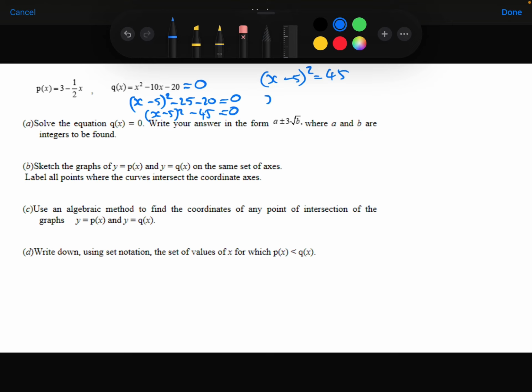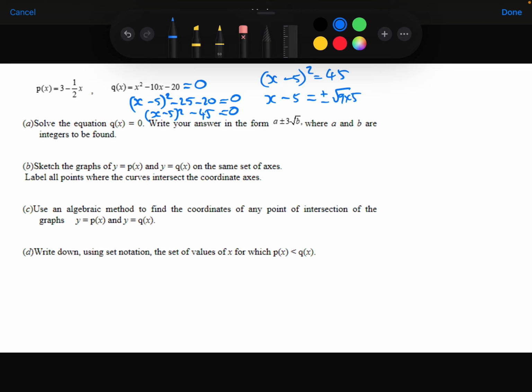I'm going to square root both sides. The square root of 45 is the same thing as, I can split that 45 into 9 times 5. The square root of 9 is 3.